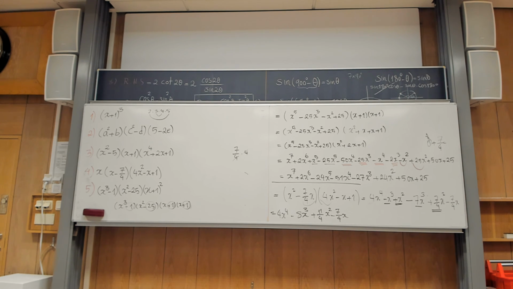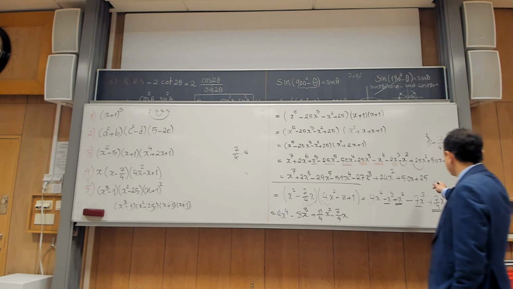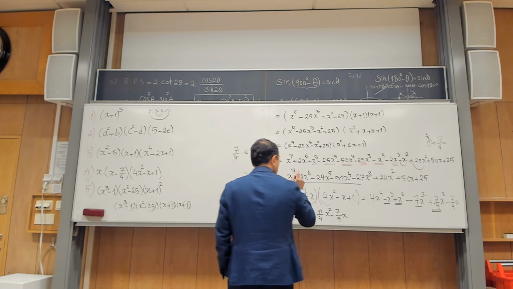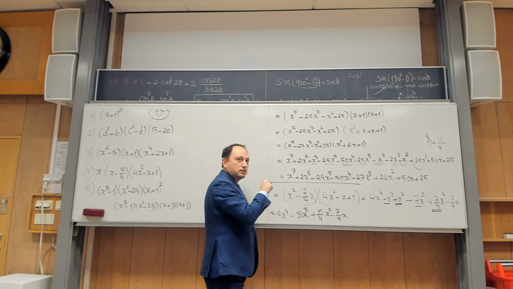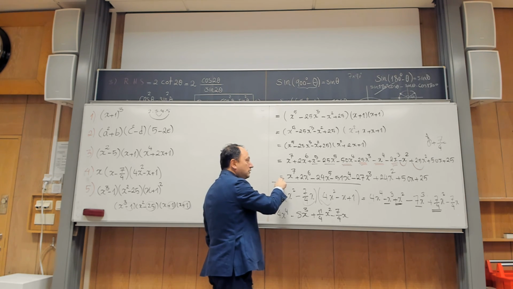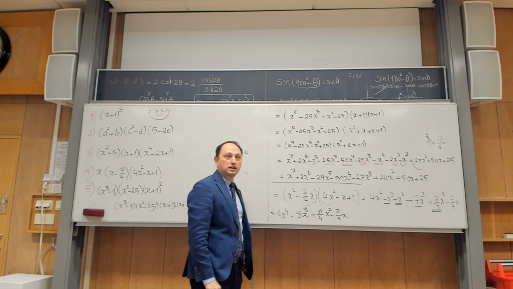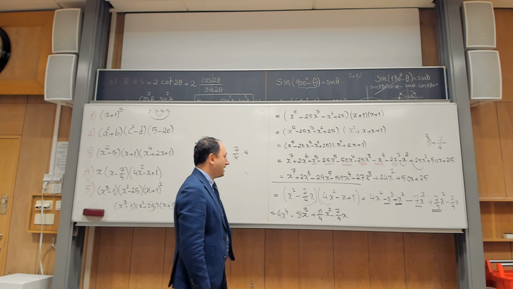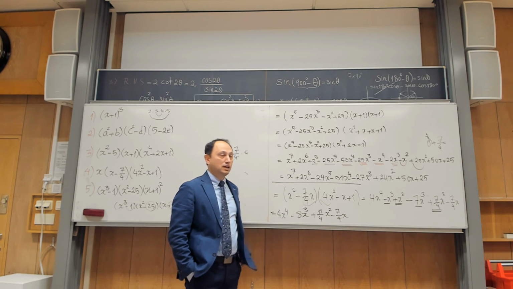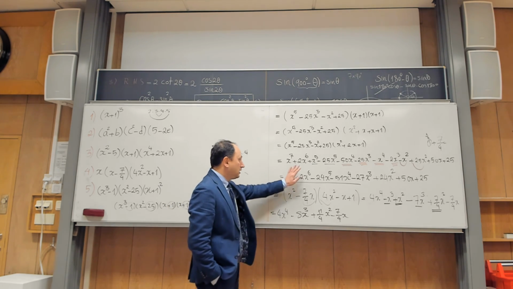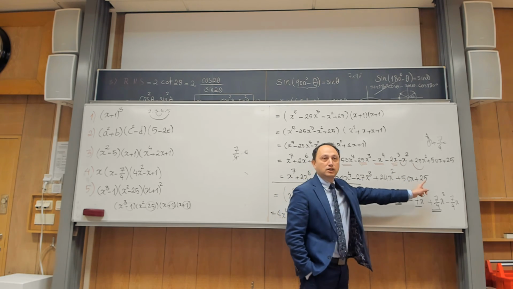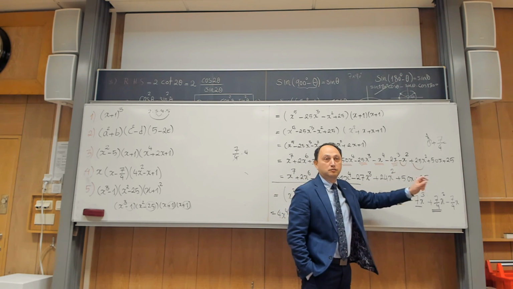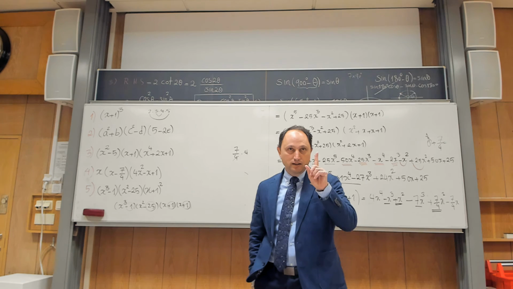Let me guide you. If I ask you, put a number for x so that it gives you only the sum of the coefficients, which value do you choose for x? No. If you choose 0, all of them are cancelled, only the constant term is left. What do you need to put? 1. Agree?